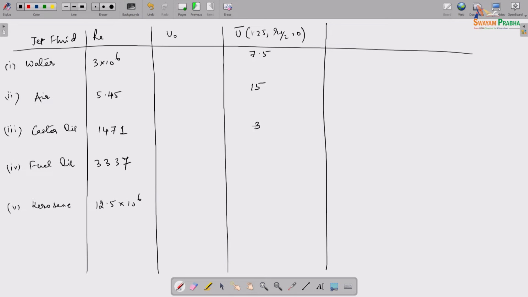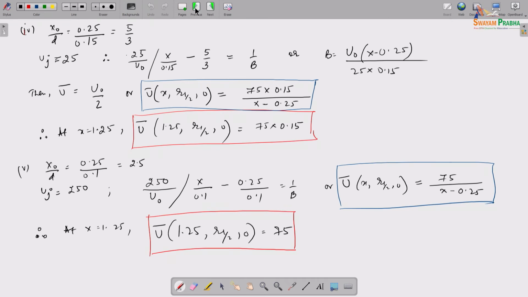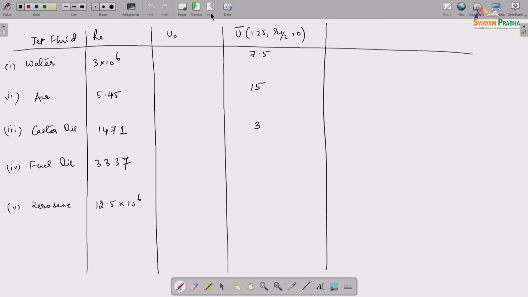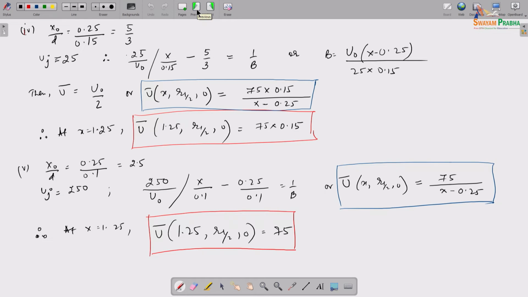Well, is it? Yeah, 1.25. So let's go back and see what we got for the third one. Yeah, the third one is 3 actually. Then the fourth one, what did we get? Fourth one is 75 into 0.15.